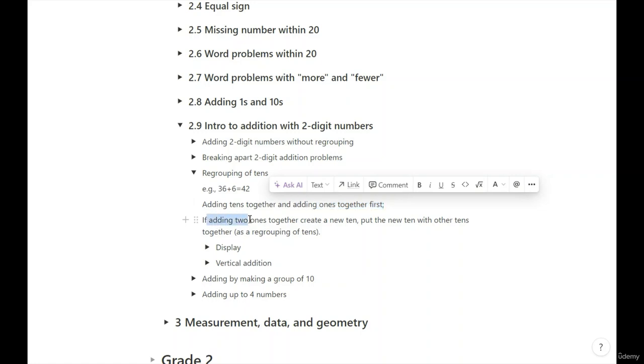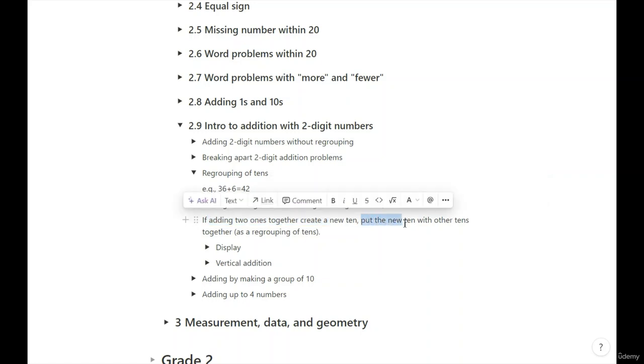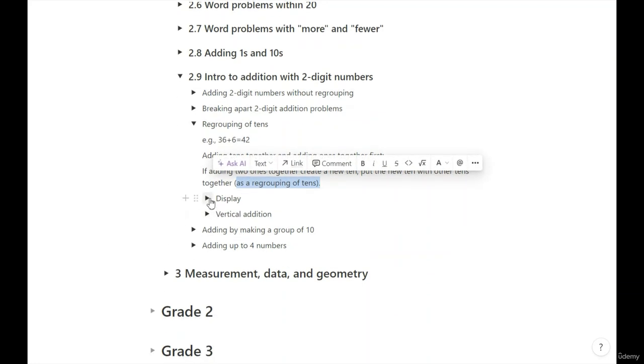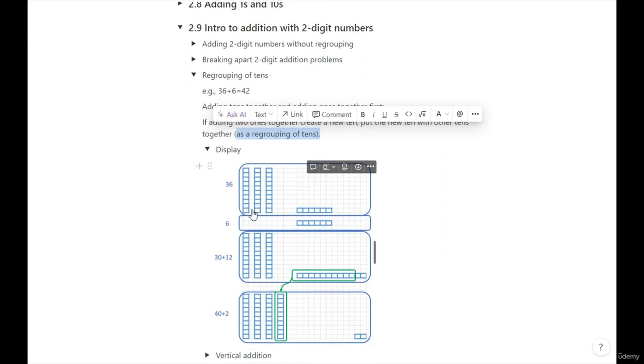If adding two ones together creates a new 10, then we need to put the new 10 with the other 10s together. So this process is known as regrouping of 10s. Let me display this process so you can understand it easily.